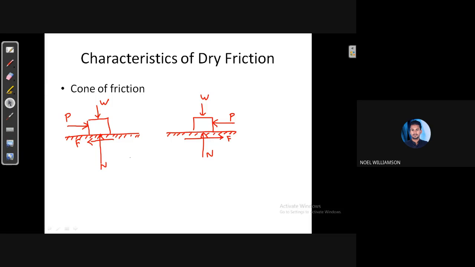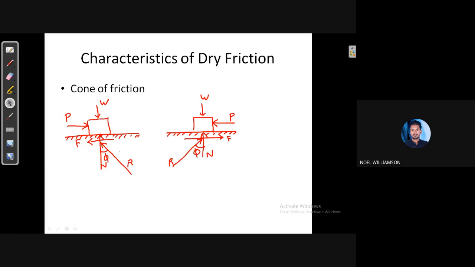So as a result, the resultant here in the first case, the normal is in the upward direction and the friction is towards the left side. So the resultant will be acting in this particular direction. Okay, resultant, and this is your angle of friction. And the second case, the resultant will be acting like this, resultant, and the angle of friction phi here you can see.